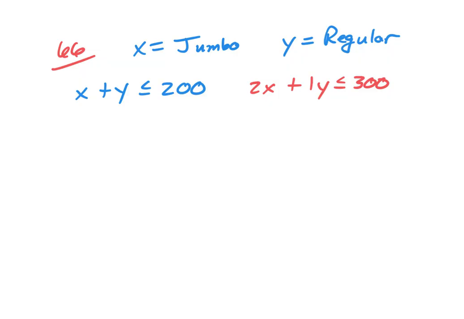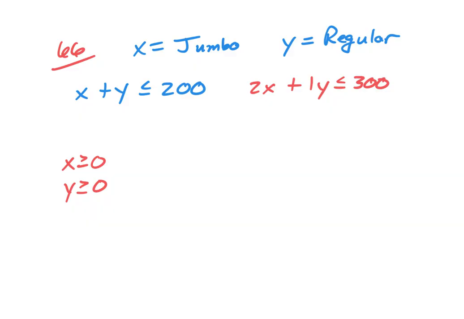Those are our two main functions, kind of like the first one that we did. Okay, the other thing that it doesn't necessarily talk about here, but because this is a story problem, we can't make a negative number of biscuits, right? So common sense tells us that X and Y, the number of biscuits, could be equal to 0, I could make 0 biscuits, but I can't have a negative number of biscuits.